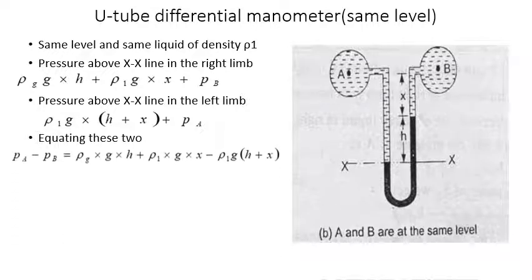Equating these two, P_A minus P_B is equal to rho g g h plus rho 1 g x minus rho 1 g (h plus x). After simplifying this expression, the pressure difference between the two pipes, P_A minus P_B, is equal to g h (rho g minus rho 1).